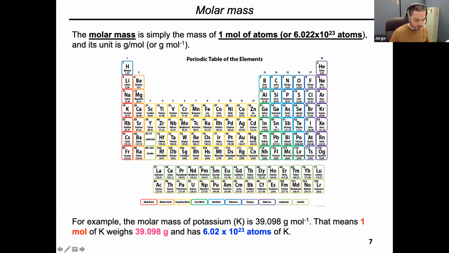Okay, so now I would like to show you the concept of molar mass, or also called atomic molar mass.